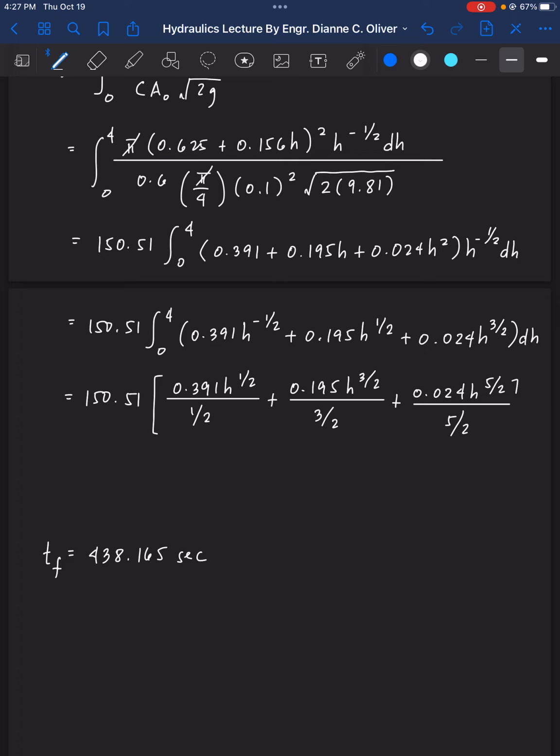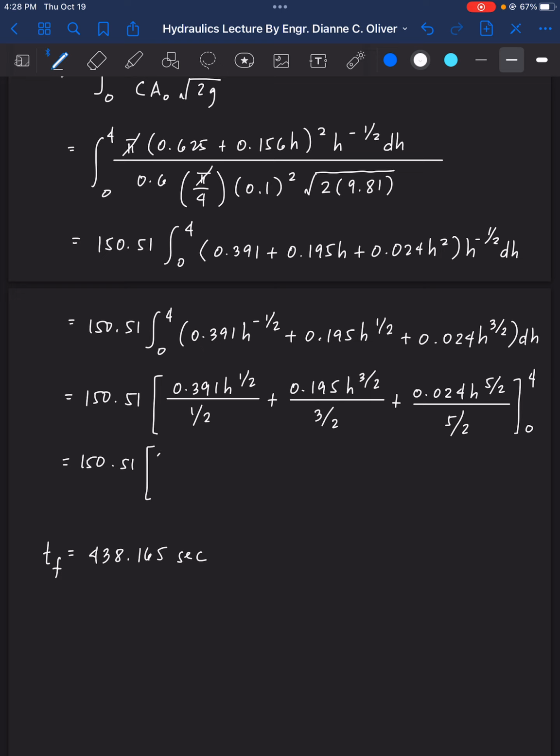5/2. Then we have here from 0 to 4. So all we need to do here is to substitute h. We will substitute the 4 into the h here.